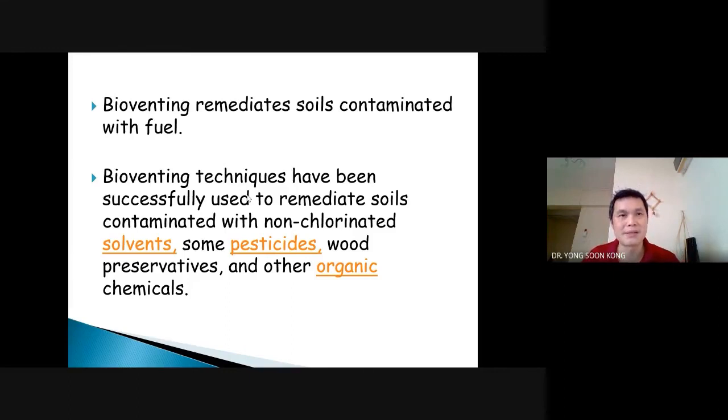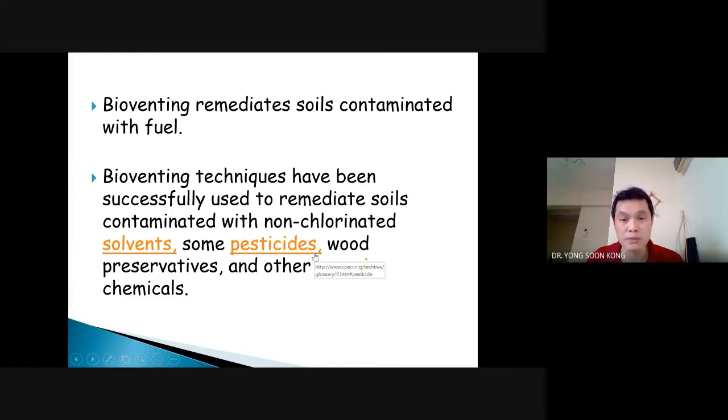Now in this case, by saying it's physical, meaning that if you pump air inside, the air will help flush these contaminants out. So the volatile contaminants such as solvent, majority of solvent, they are volatile. And if they can be volatilized, then the high pressure will just simply flush it out without needing bacteria to degrade them.